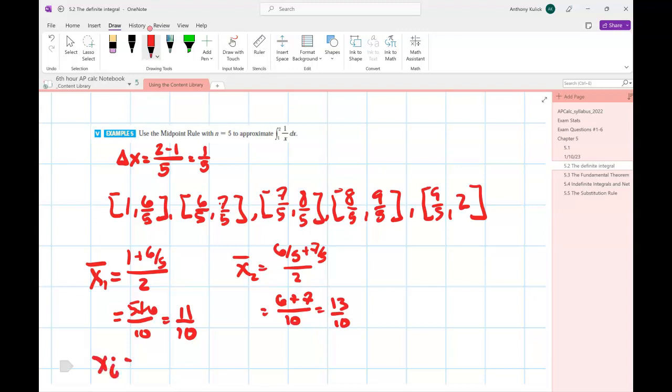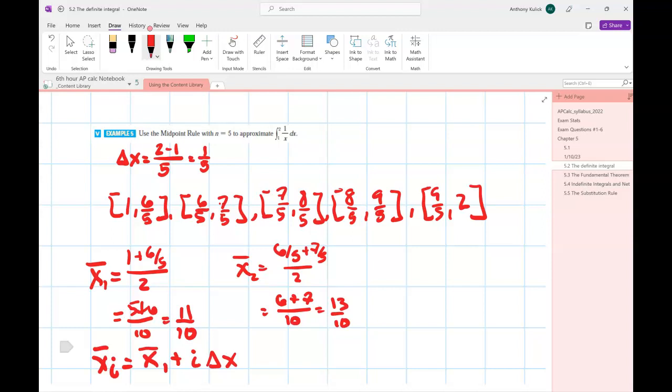So in general, xi bar is going to be x1 bar plus i delta x. Oh, sorry, xi bar. Thank you. Yeah, that means the midpoint from that interval.